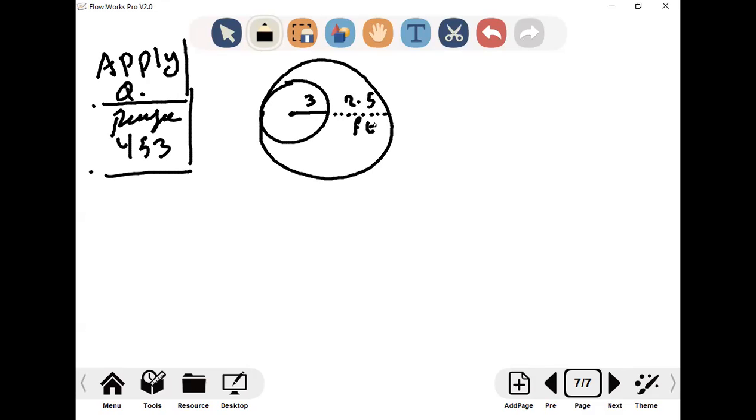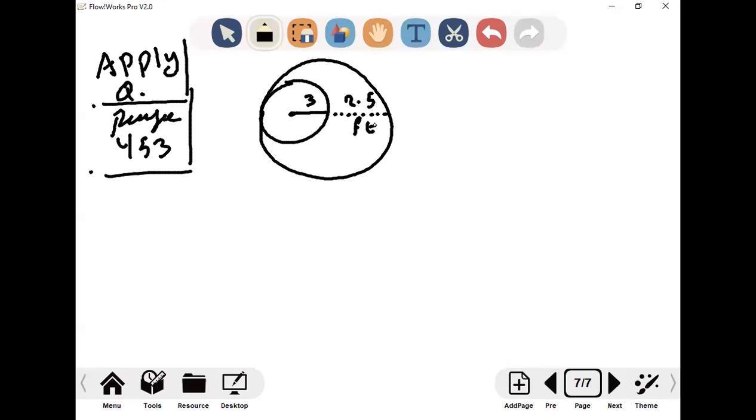This is the diameter for the whole circle, but it is longer than the 3 by 2.5. It's the same, okay? Fine. Now, Kama has a circular garden with a radius of 3 feet. The diameter of her neighbor's circular garden is 2.5 feet longer than the diameter of Kama's garden, right?